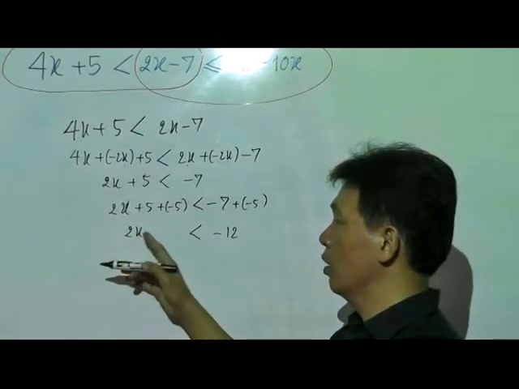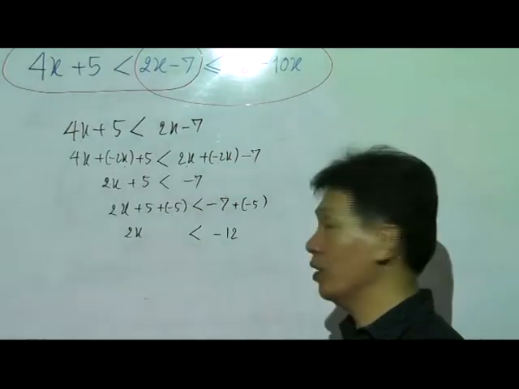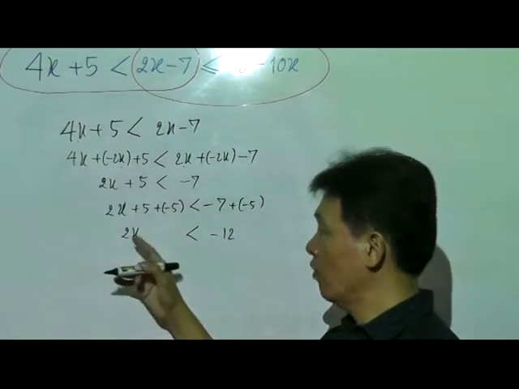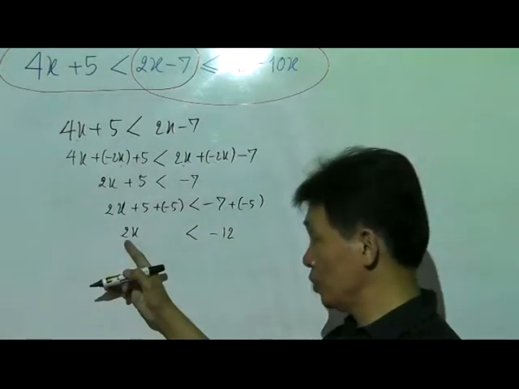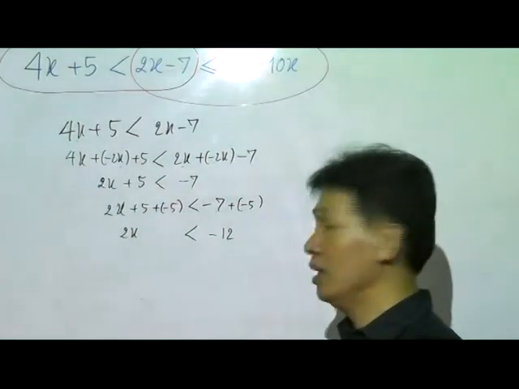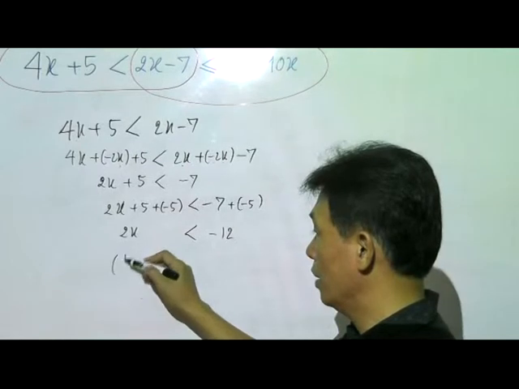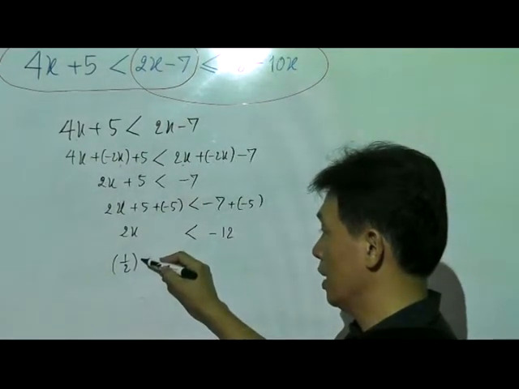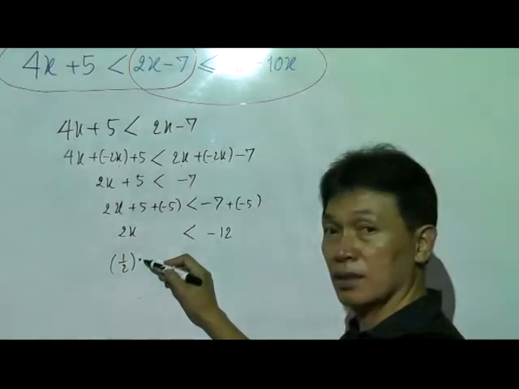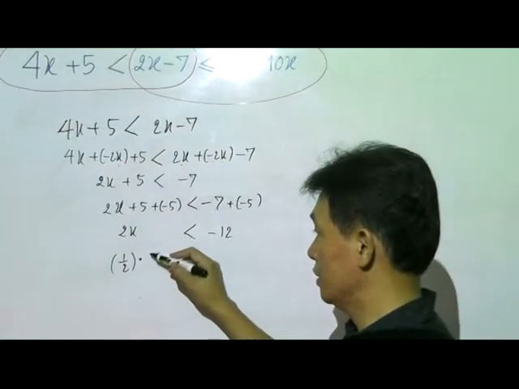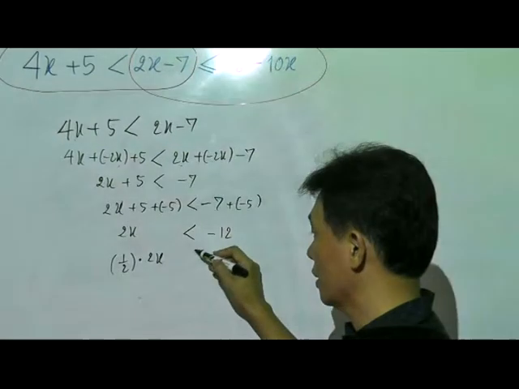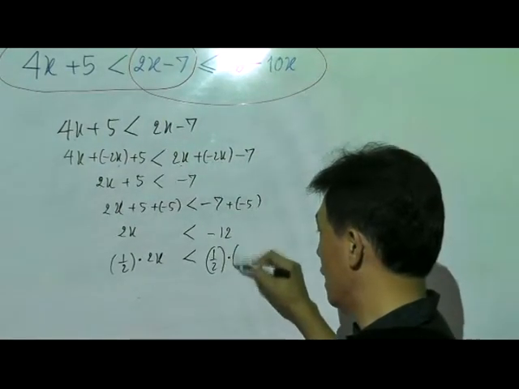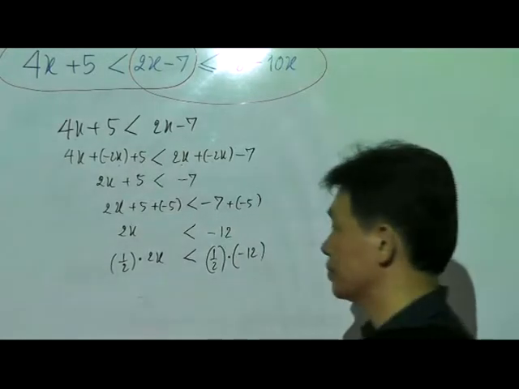We want 1x. We want to make the coefficient of x equal to 1. This is 2. How? We multiply by 1 over 2 on both sides of this inequality. 2x is less than 1 over 2 multiplied by negative 12.